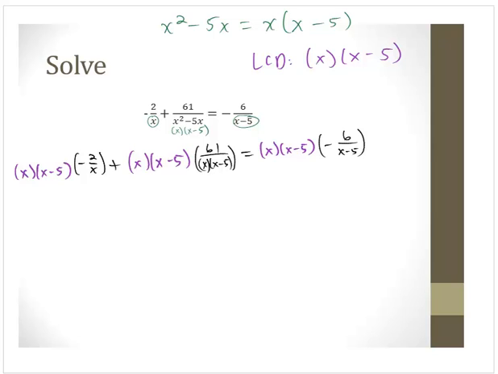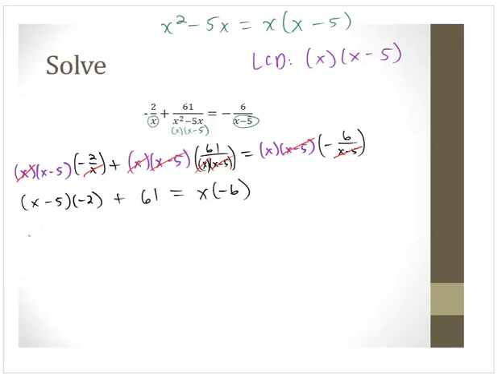Now again, nice things happen here. In the first term, the x's are removed. In the second term, the x and the x minus 5 are removed. And on the right-hand side, just the x minus 5 is removed, leaving x minus 5 times negative 2, plus 61, equals x times negative 6.